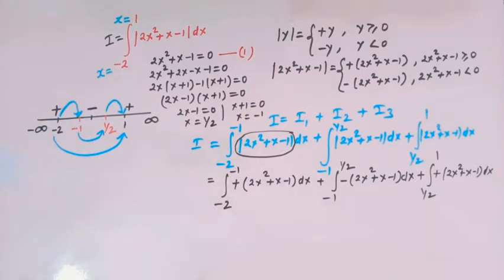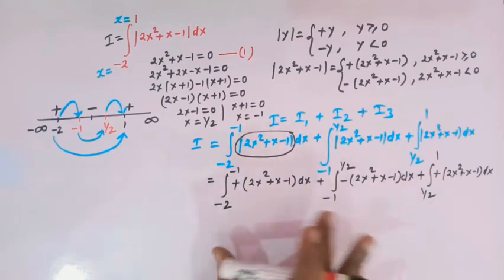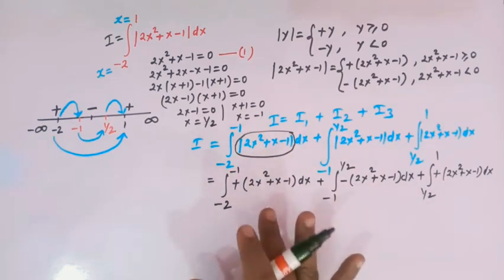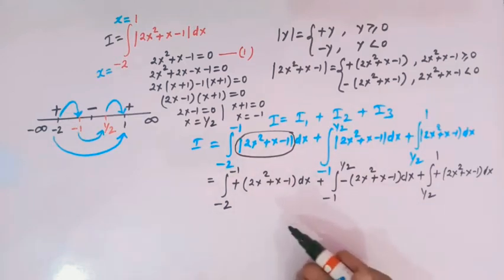Okay, so now we have three integrals, and we can solve these three integrals one by one, and then we can add up the values of these three integrals.